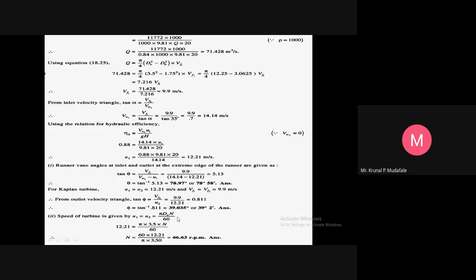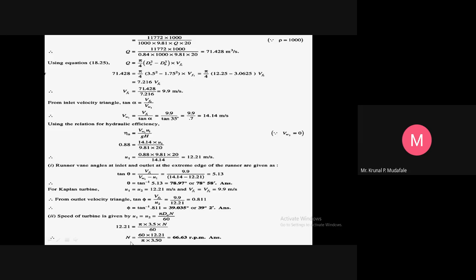N is in terms of rpm, revolutions per minute, but our velocity is in meters per second, so we divide by 60 to convert into revolutions per second. Then put in all the values. U1 you already have: U1 equals 12.21 equals pi into Do, that is 3.5 meters, into N upon 60.